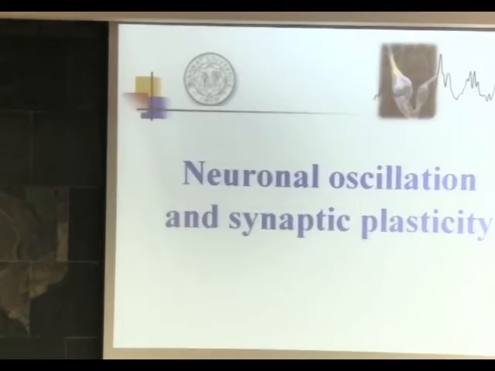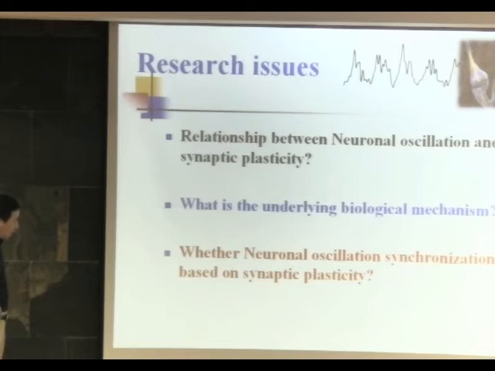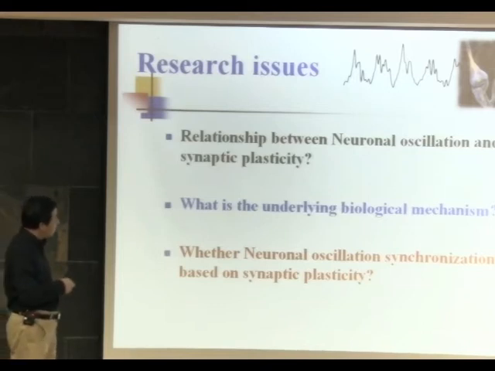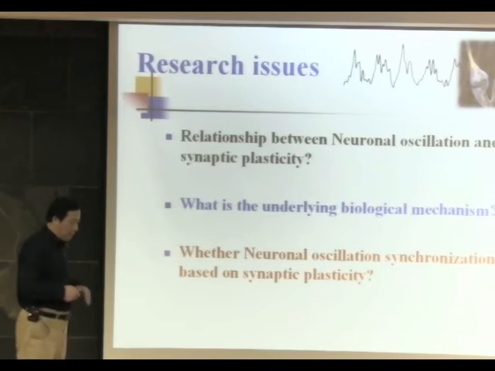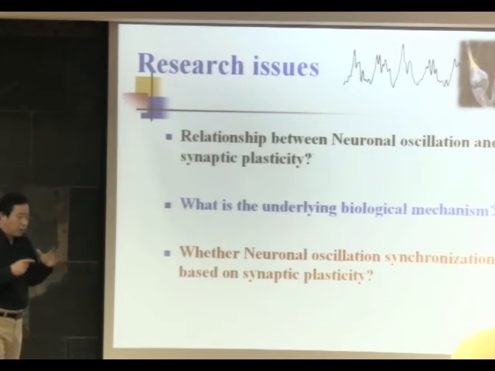Now, turning to neural oscillation and synaptic plasticity, we have three different stages. One is that we are interested in the relationship between neural oscillation and synaptic plasticity. This is the first stage, and we have a lot of data, some of which have been published.